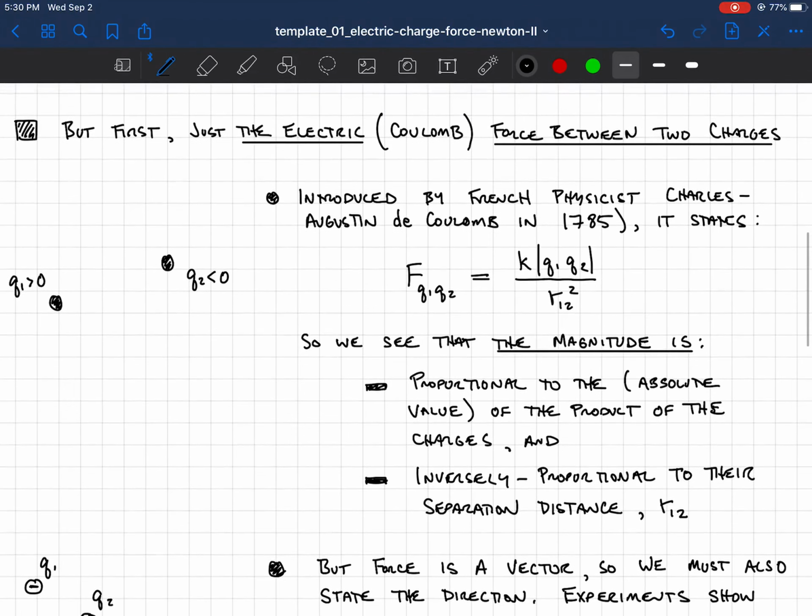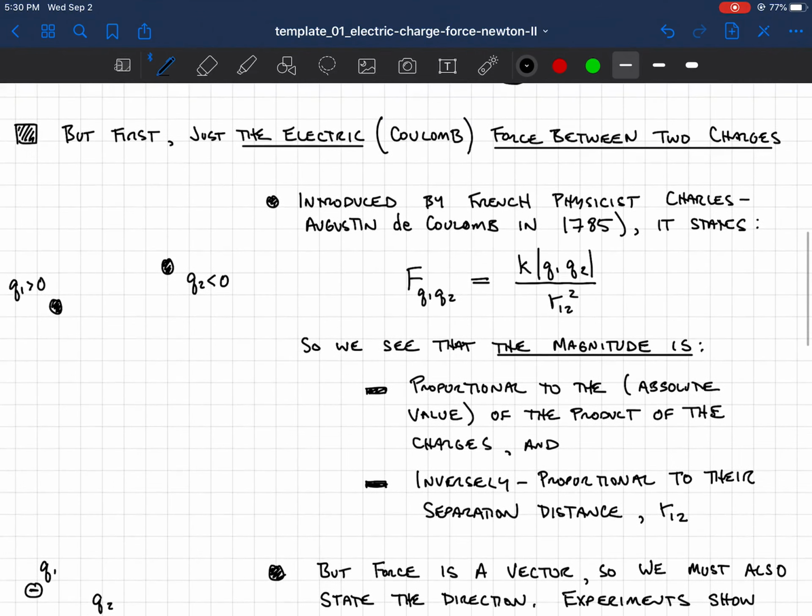So the force between two charges is called the Coulomb force. It was introduced back in 1785 by a French physicist named Charles Augustin de Coulomb. And it is a vector, so we need to express what its magnitude is.